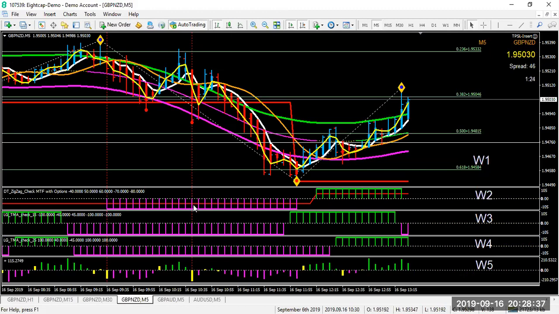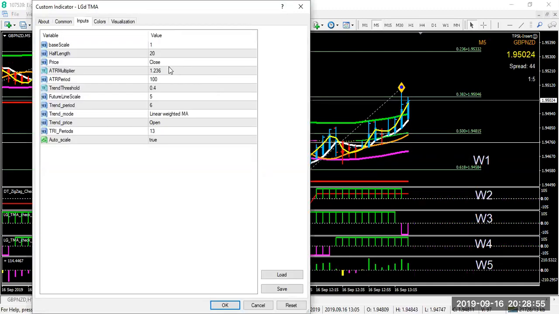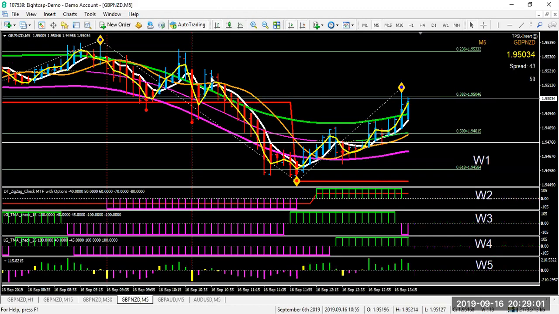So once again, for those that have already got this template, the settings for those Windows 2, 3, 4, and 5 are pretty much there. And just highlighting those crosses and making the extremes a little bit closer, yeah?